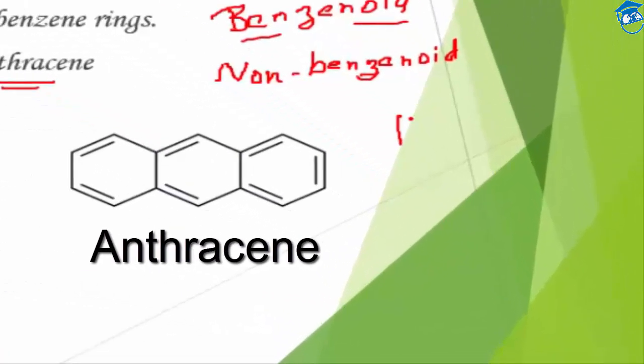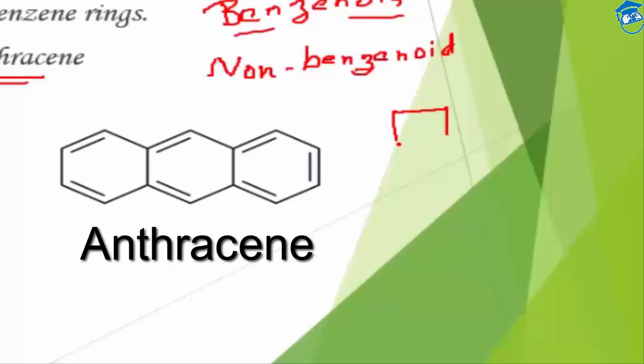For example, pyridine. And in this type there will be a heteroatom. So apart from carbon and hydrogen, there will be another element. So they are not hydrocarbons.